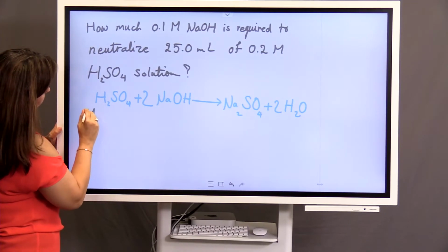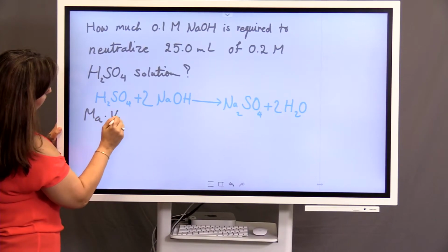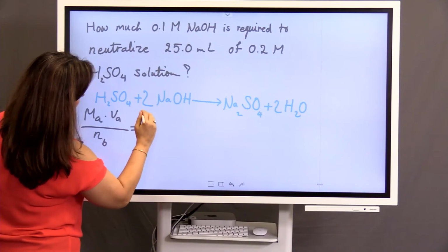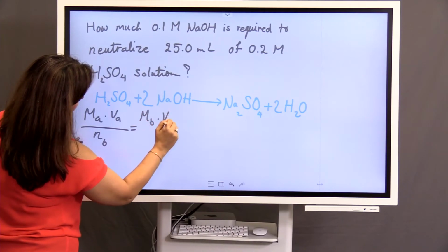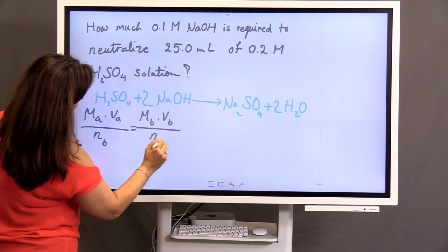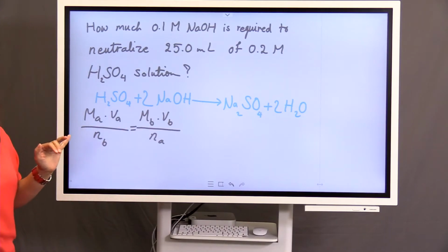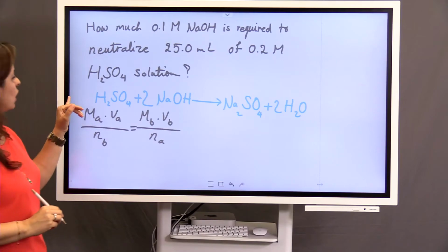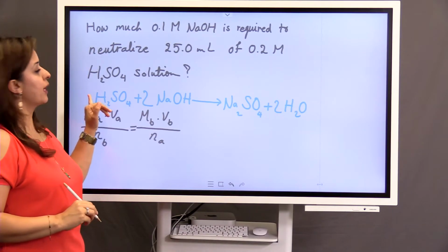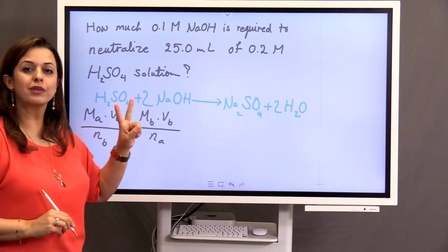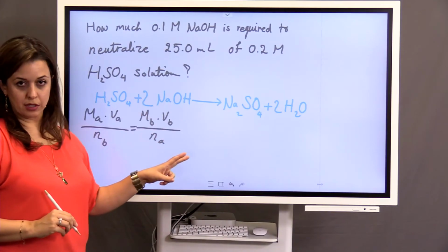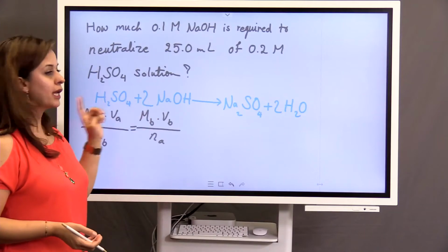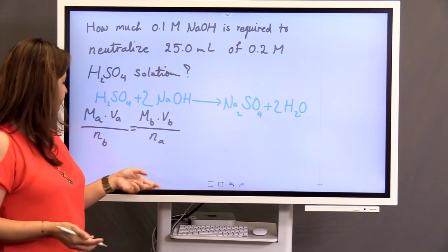MAVA over nB is equal to MBVB over nA. You need to use the number of moles because according to this balanced equation, each mole of sulfuric acid needs 2 moles of sodium hydroxide. So the number of moles is not 1 and 1. You have to take that into consideration.